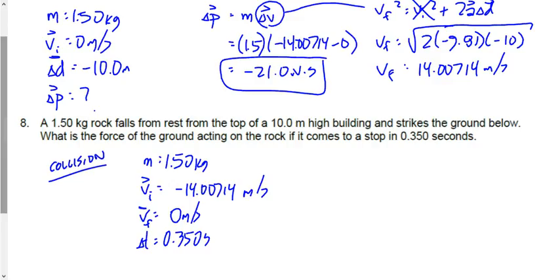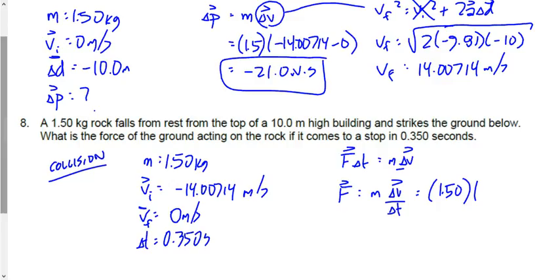Looking for force. What do we got here? M is 1.50. Delta V over delta T is VF minus VI. Be careful here. 0 minus negative 14.00714.